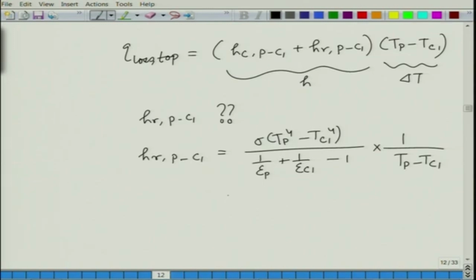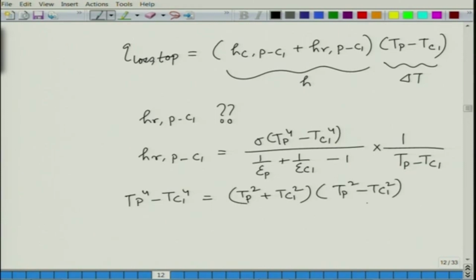Now, if you do that, you will find that T_p to the power 4 minus T_c1 to the power 4 you can write as (T_p squared plus T_c1 squared) multiplied by (T_p squared minus T_c1 squared). So, this part stays the same, and this part you can write as (T_p plus T_c1) into (T_p minus T_c1). Okay. So, that is how you can write.